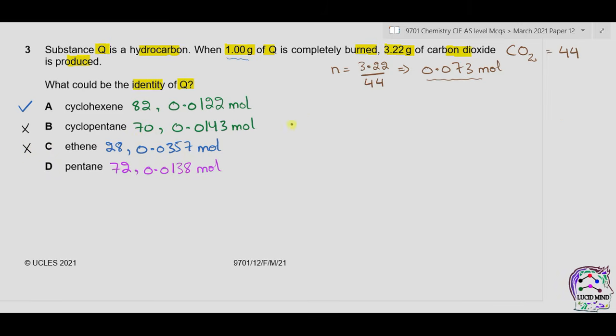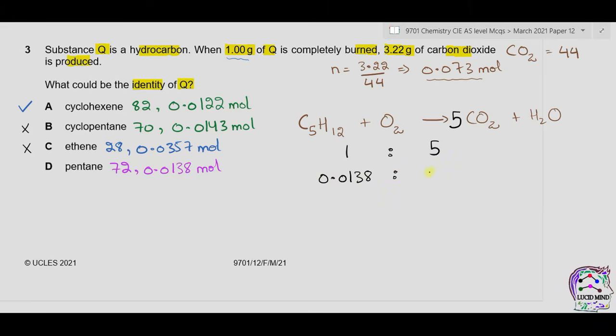Last one is pentane. Formula is C5H12. It combusts to form CO2 and H2O. Let's balance carbon atoms. We have 5 carbon atoms on the reactant side, so it will become 5 CO2. The number of moles in the balanced equation is 1:5. Now we have 0.0138 moles of reactant.